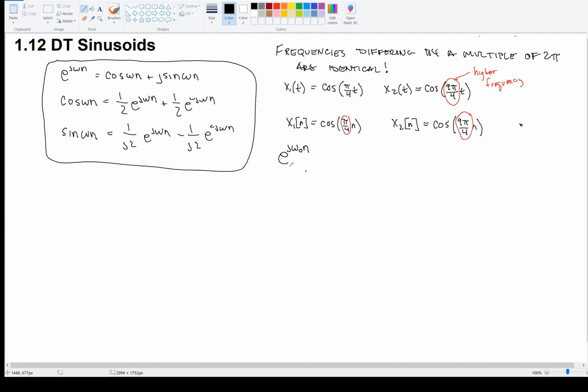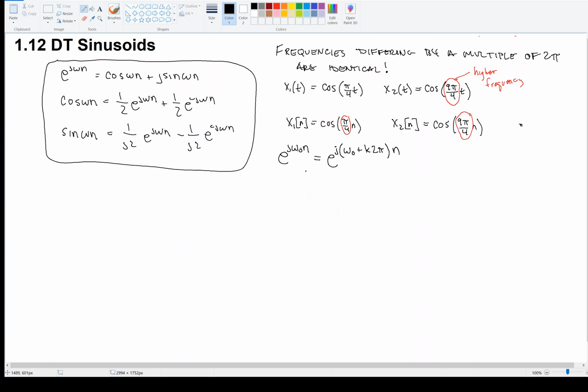So this thing, e to the j omega 0 n, the claim is that if I add a multiple, so k is going to represent that multiple of 2 pi, so k is an integer, I add a multiple of 2 pi to the frequency omega 0, that I haven't changed the signal at all, hence the equal sign there.